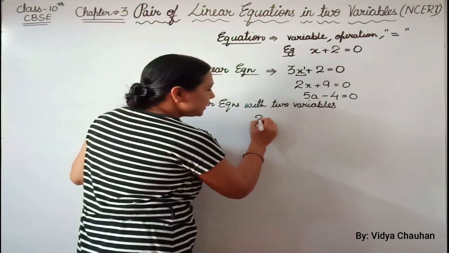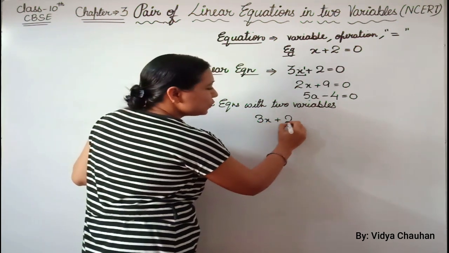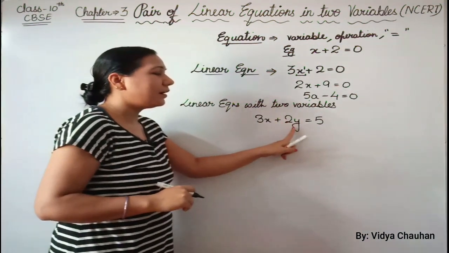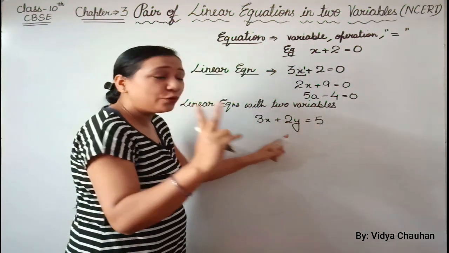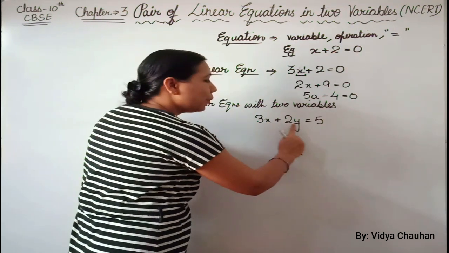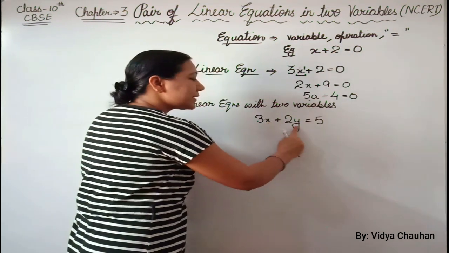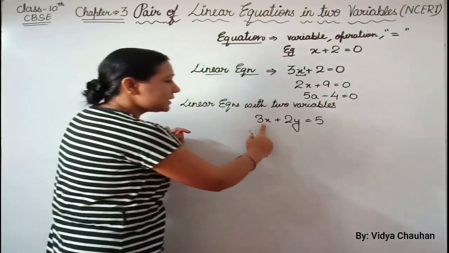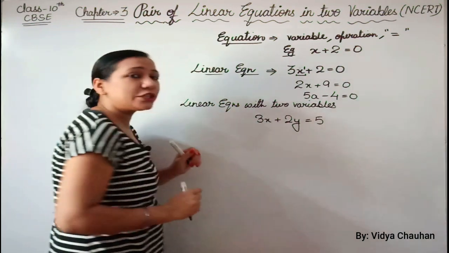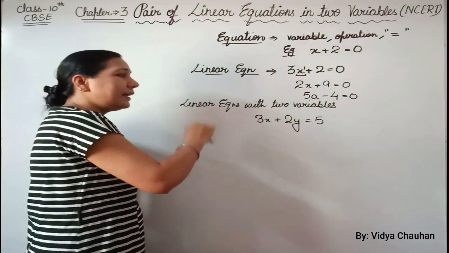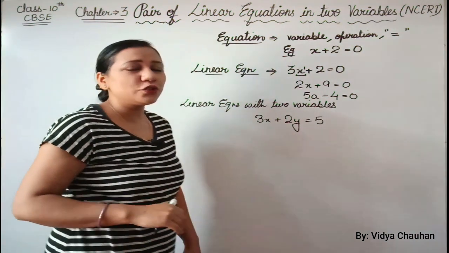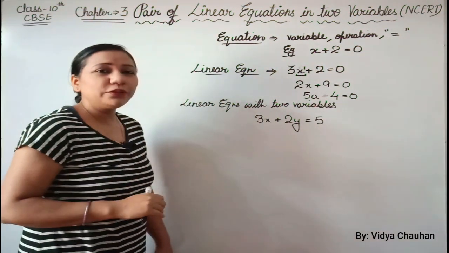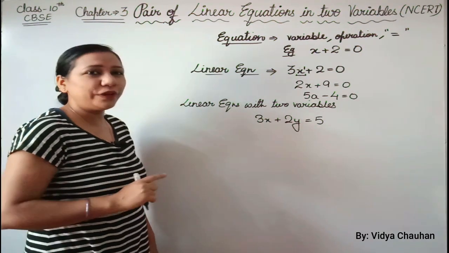If I write 3x plus 2y equals to 5, this is a linear equation with two variables x and y, and the degree of both x and y is 1, so that is what is called a linear equation in two variables. In this chapter, we will discuss only these types of equations.